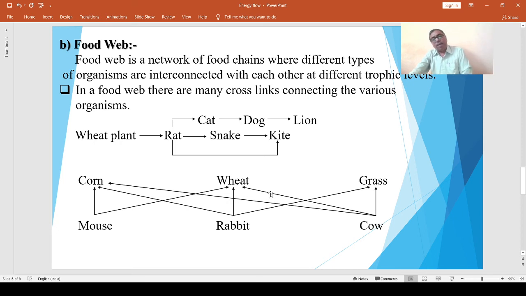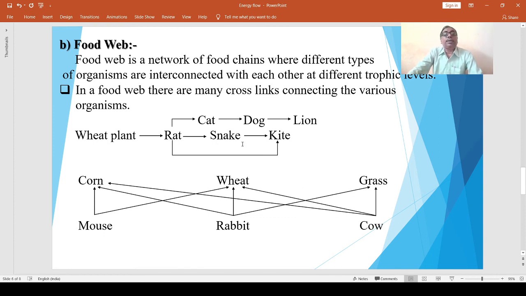It might also happen that one organism in any trophic level may receive its food from two or more different organisms of a lower trophic level.